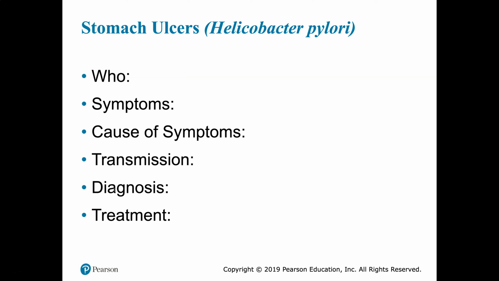You've probably taken something like that before if you've ever taken Tums, for instance. There's stronger medications that can be prescribed, but basically it's reducing stomach acidity, so the ulcer can actually heal.